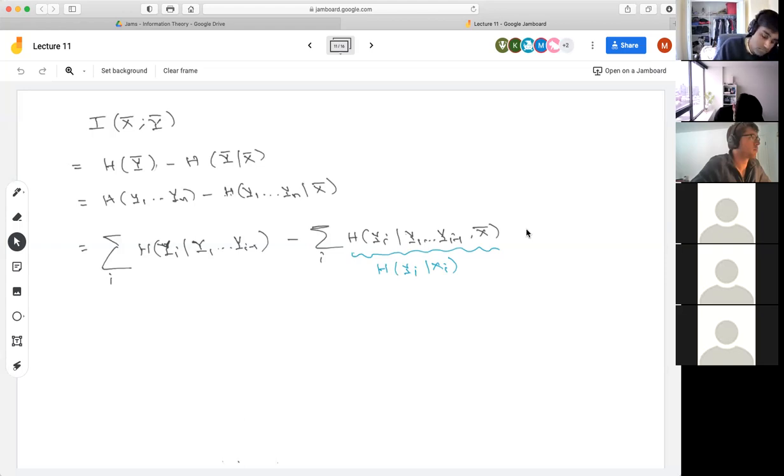And here we can use subadditivity, and the fact that conditioning reduces entropy. So this is less than or equal to h of Yi.